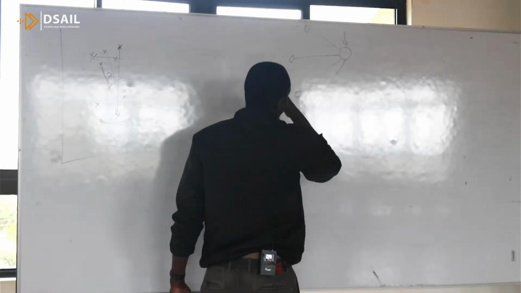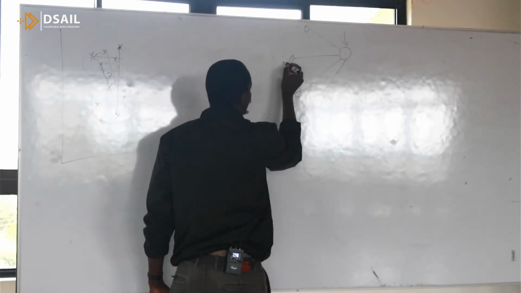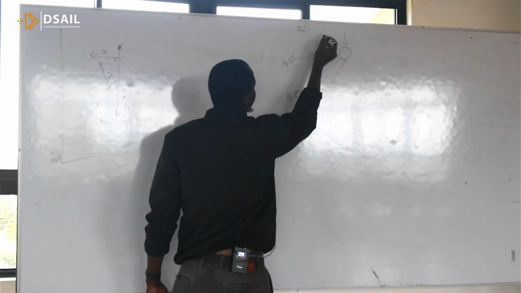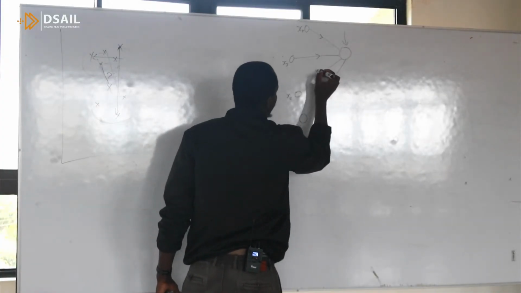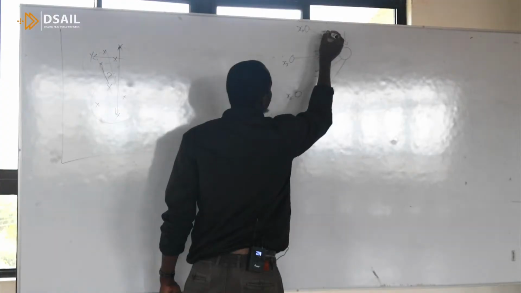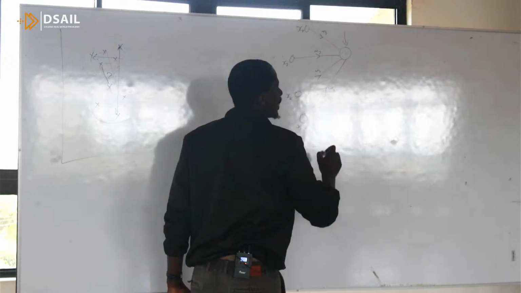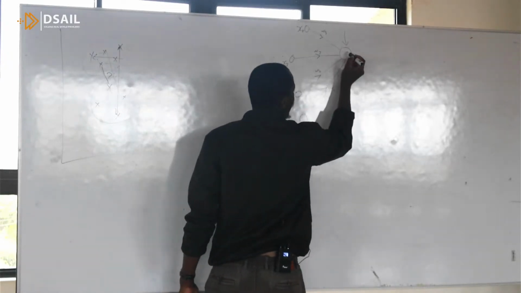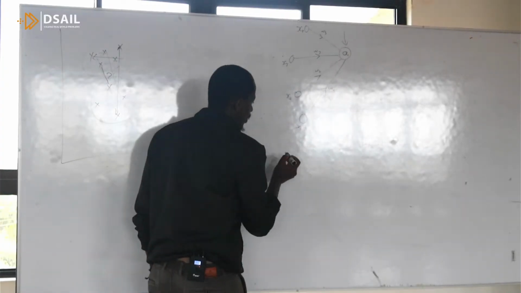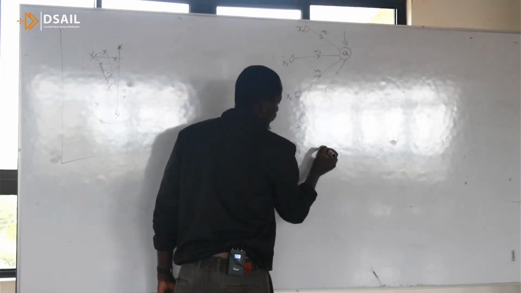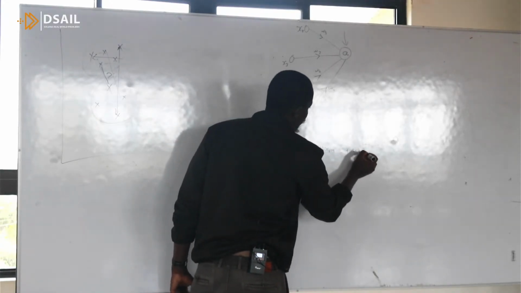So let's call these X1, X2, X3, X4. And then there are weights; they are weighted by some values. Let's call these W1, W2, W3, W4. The value that this neuron receives, let's call it A1. So A1 is going to be W1 X1 plus all the way to W4 X4.